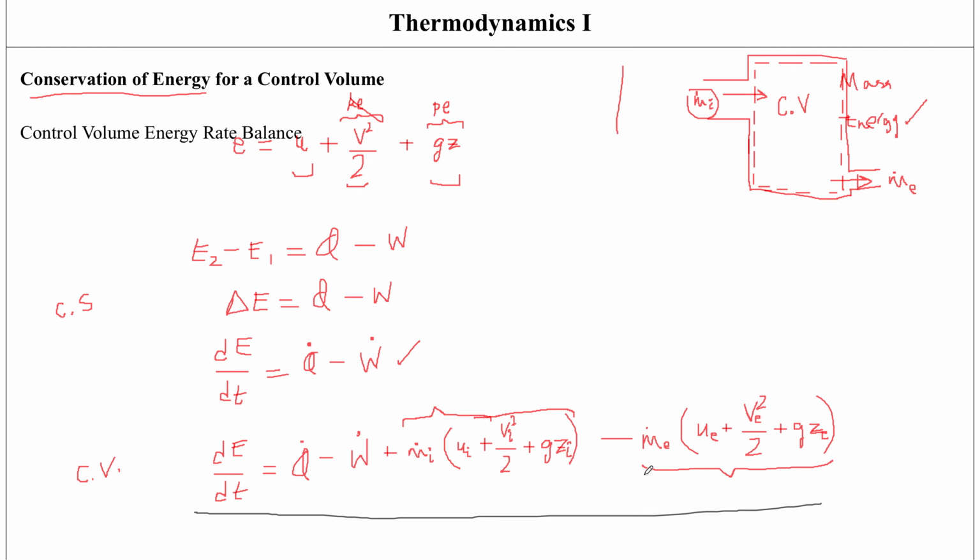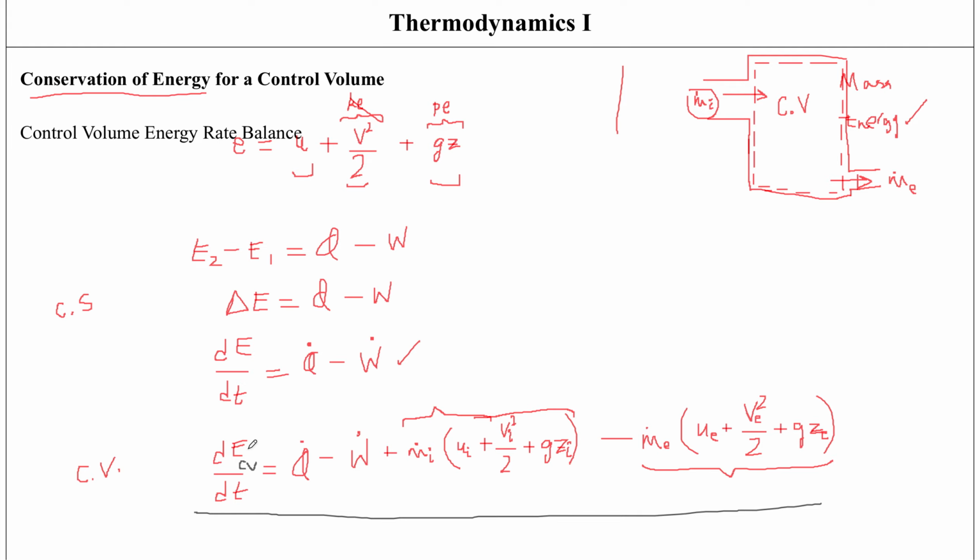In the form of a statement, this is the energy change taking place across the system, and our system is called a control volume, so I could put the subscript CV over here. This is just the conservation of energy principle.